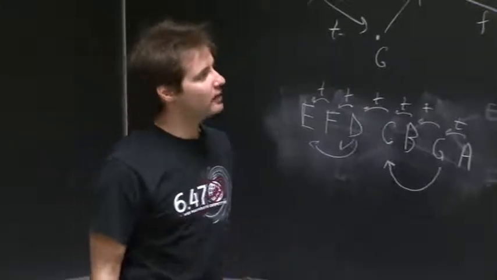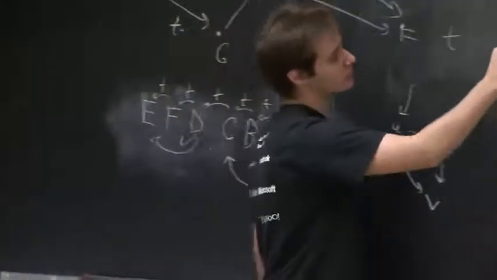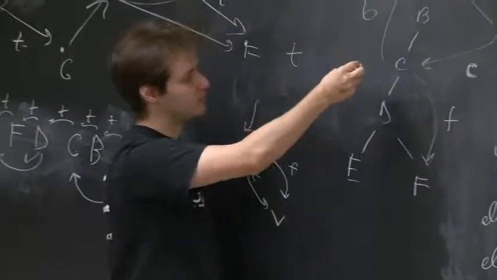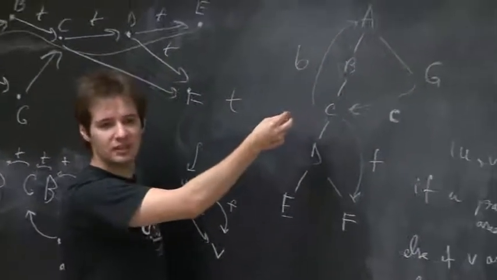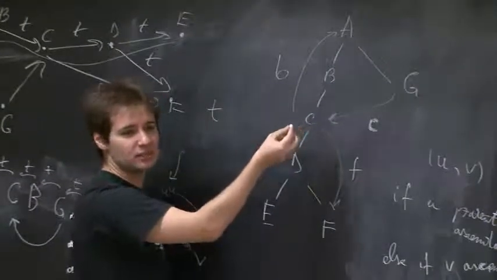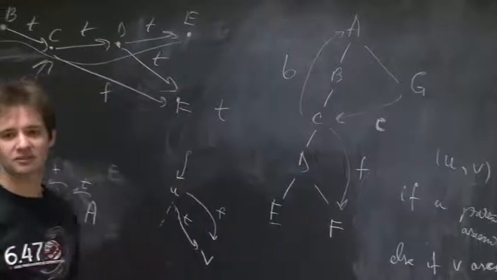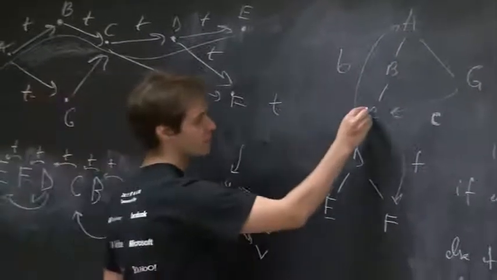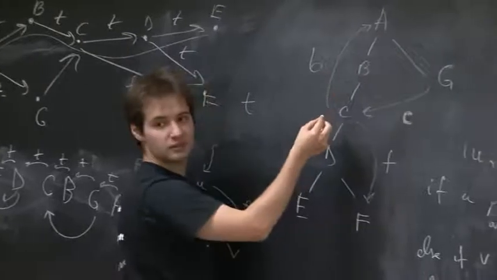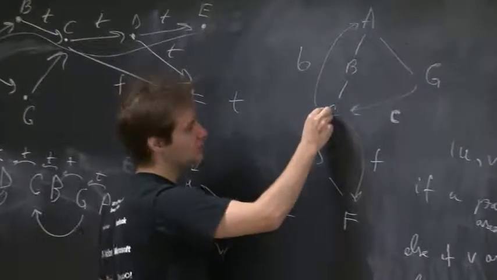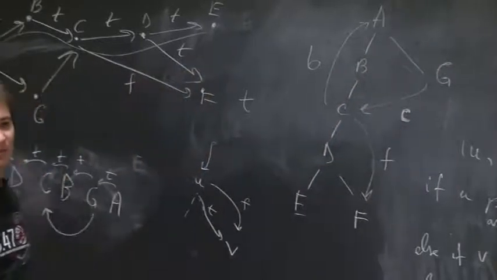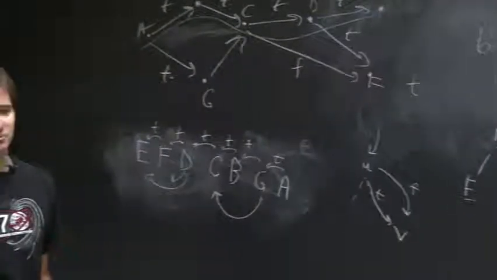Okay, now what about back edges? What if I had this back edge between C and A? What happens then? If I have a back edge, then that would break topological sort, right? Because this is saying that, hey, you should print A before you print C. But I know that I'm going to come out of C way before I have a chance to come out of A. So if I have a back edge, topological sort doesn't work.